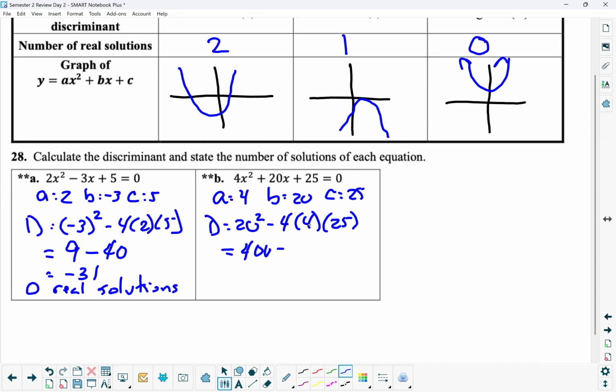And again, here, if I take the second 4 times 25, that's 100, times 4 is 400. 400 minus 400 is 0. So I have one real solution.